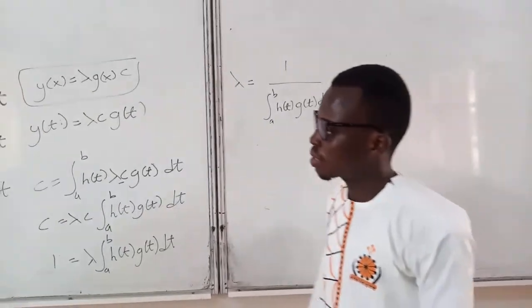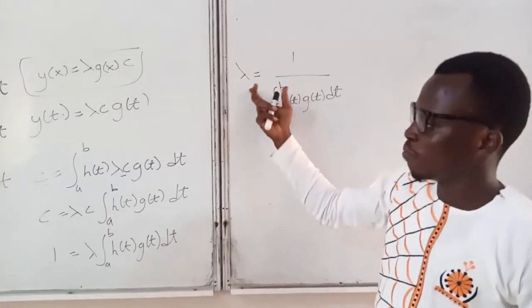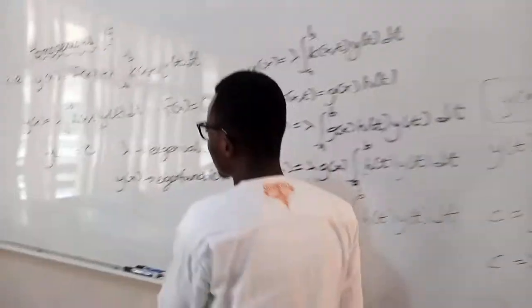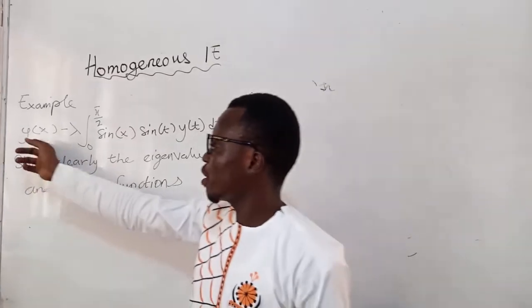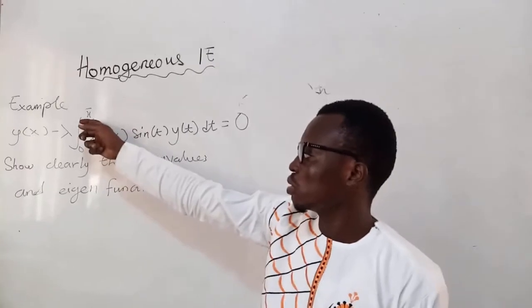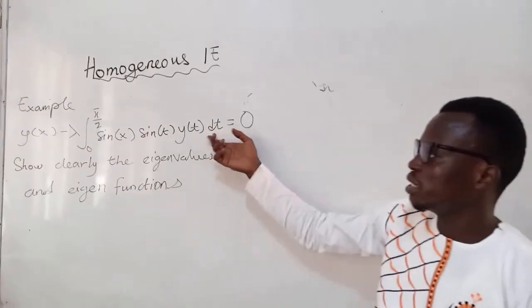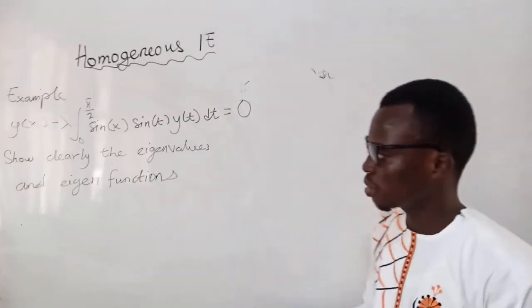Now let's look at one particular example for better understanding. In this example, y(s) minus lambda times the integral from 0 to pi over 2 of sin s sin t y(t) dt equals 0. Show clearly the eigenvalues and the eigenfunctions.